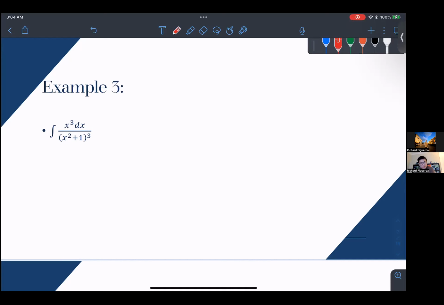So we don't have a radical sign here. So we just have x squared plus 1, raise it to 3. So how do we answer this one? So what should be our u?